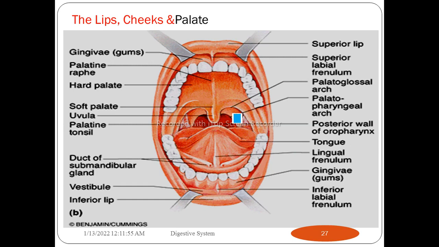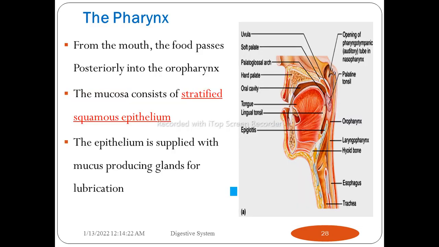This is known as the palatopharyngeal arch, and this is known as the palatoglossal arch, and this is the superior labial frenulum. So this is about the mouth.